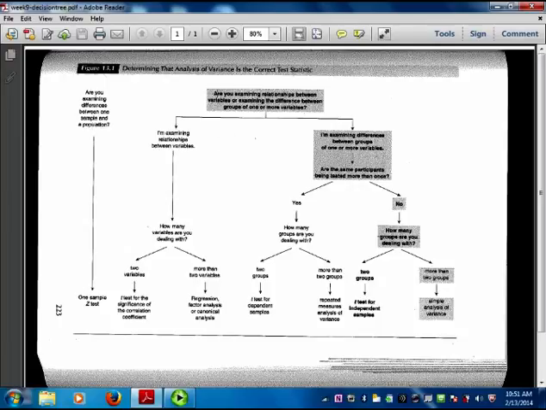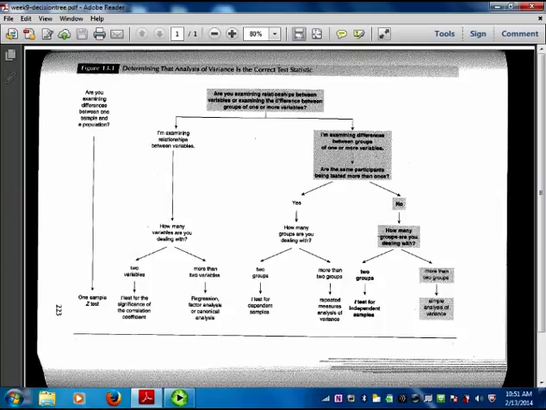Other than that, the bigger question in this decision tree that you have to answer is, are you examining the relationships between variables, or are you examining the differences between groups of one or more variables? Relationship indicates you're only looking at whether they are related to one another, and if you are examining differences, then that means you are comparing mean differences.